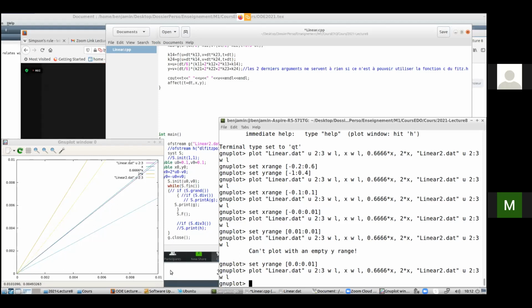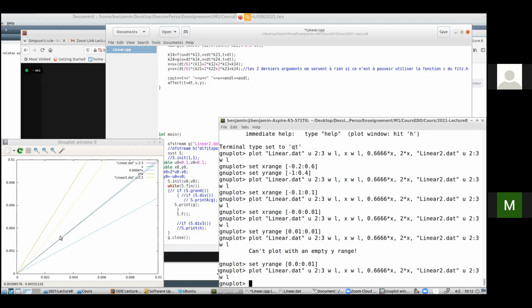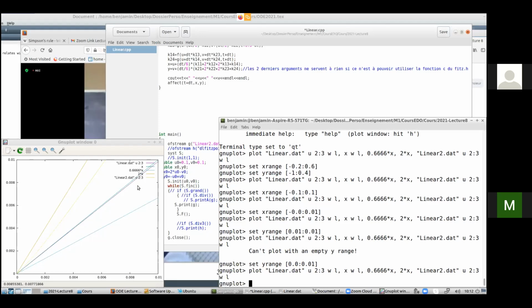Excuse me, teacher. Yes. Are all those lines trajectories? No. So the purple one is a trajectory which lies in the eigenvector associated with the vector that I called V2.